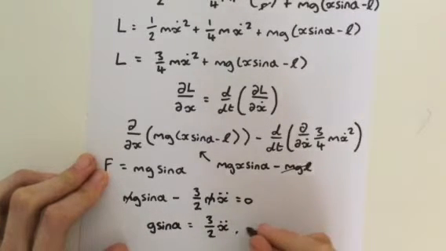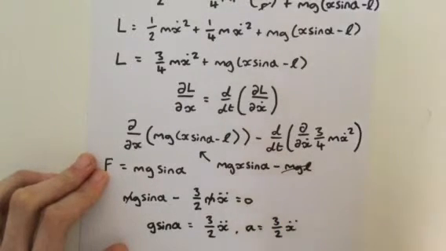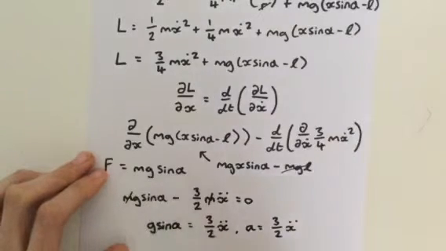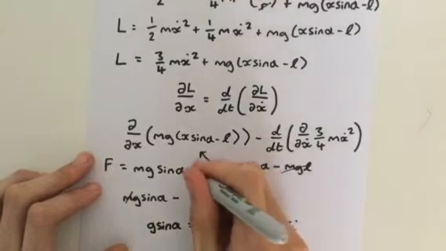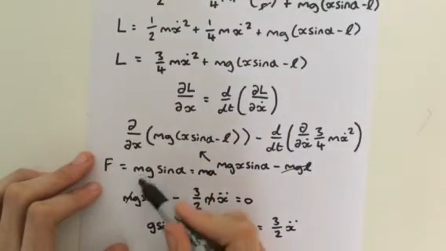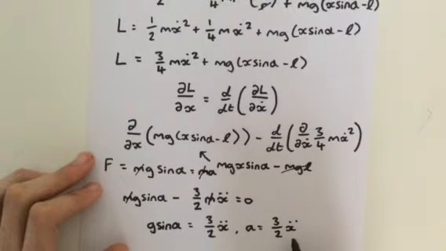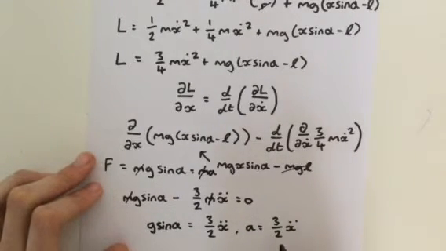Therefore our acceleration is equal to 3/2 x double dot, because F equals mg sine alpha. So force is equal to ma. Divide by our mass, we get acceleration is g sine alpha, but g sine alpha is 3/2 x double dot. Therefore, acceleration is 3/2 x double dot.